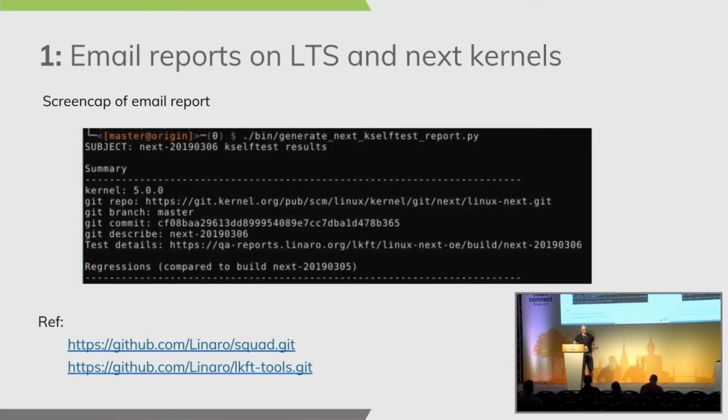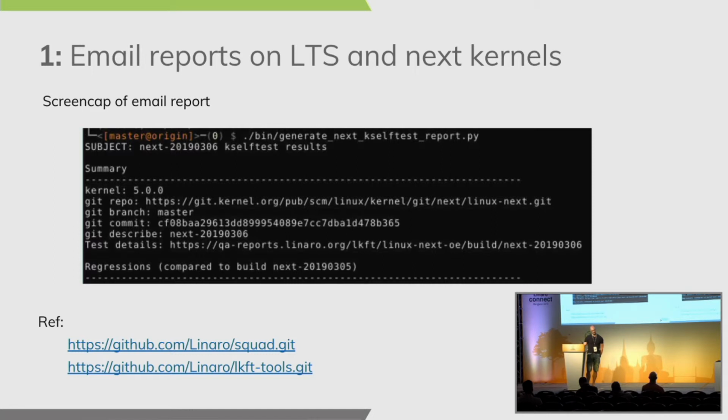So this is the template we use when we send out email reports on all the LTS and next kernels. We don't do that for mainline yet. Not sure if we're going to do that either.